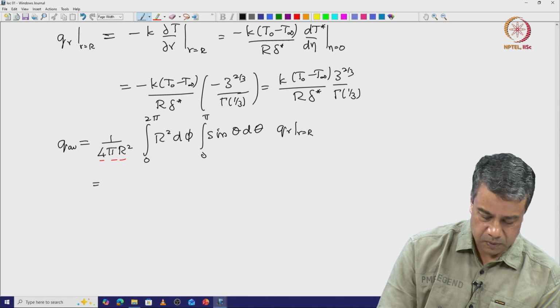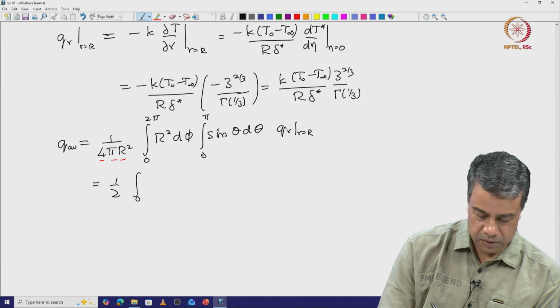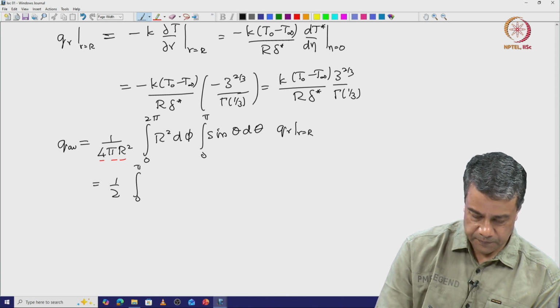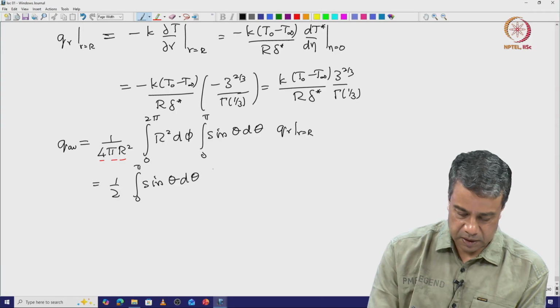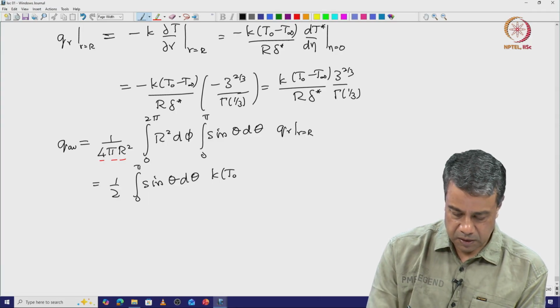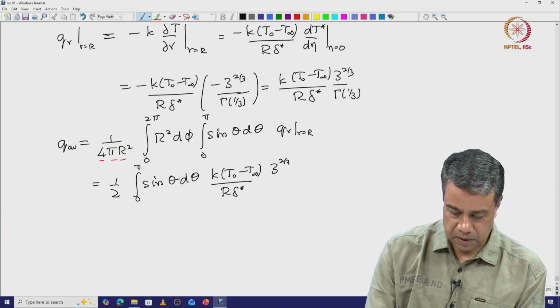So I will just get 1 by 2 integral 0 to pi of sin theta d theta into q r at r equal to R, that is k into T naught minus T infinity by R, delta star, 3 power 2 by 3 by gamma of 1/3.